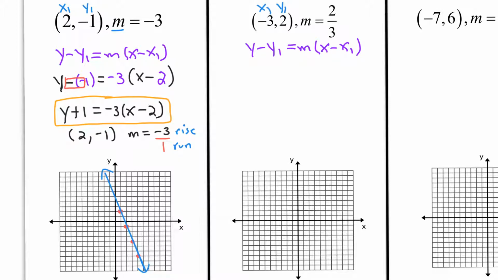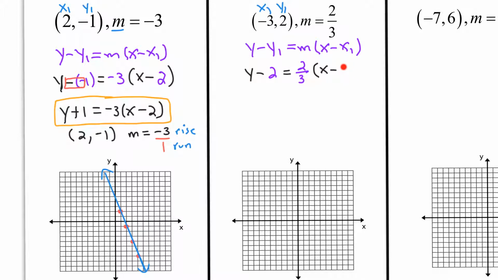So when I do that, I'm going to substitute y minus, and y1 is 2. So notice I don't have to do the double negatives because this is already positive. So I just put minus 2 equals, and we have the slope of 2 over 3 times the quantity of x minus. Now notice x1 is negative 3.